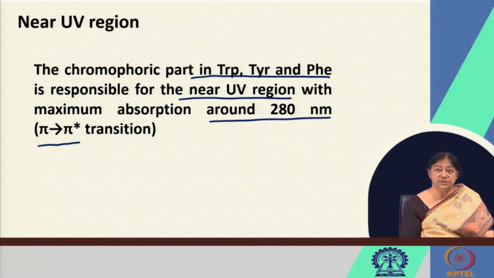So, this is what is important: the 3 aromatic amino acid residues are going to contribute as chromophores in proteins, and they are going to give a maximum absorption for the pi to pi star transition that is going to fall in the region around 280 nanometer, which is the near UV region.